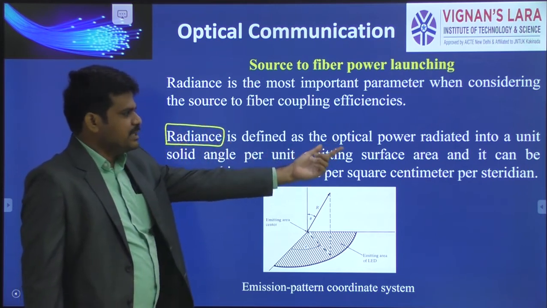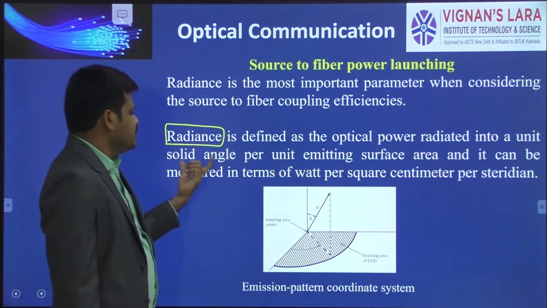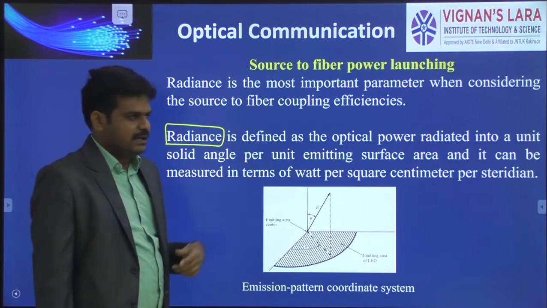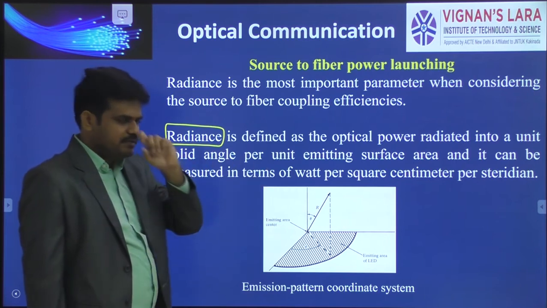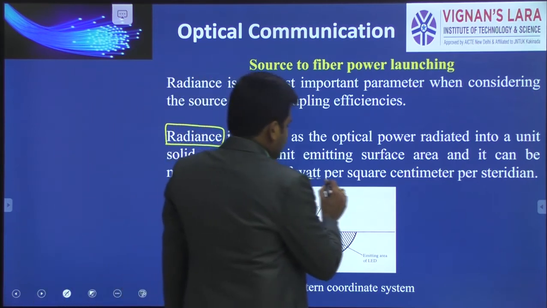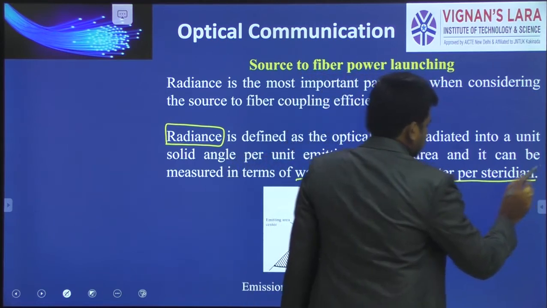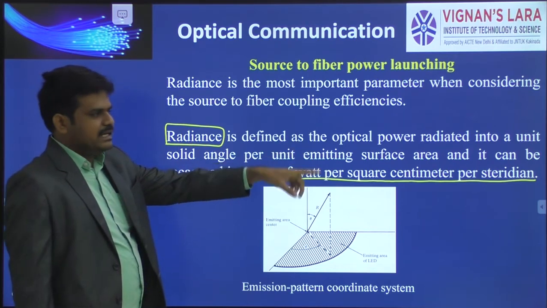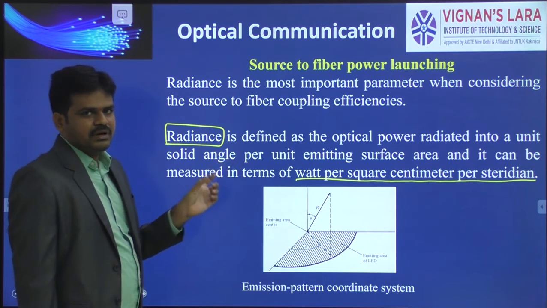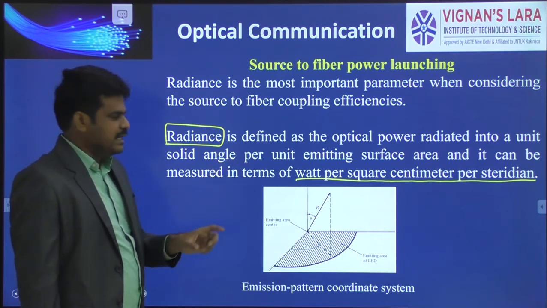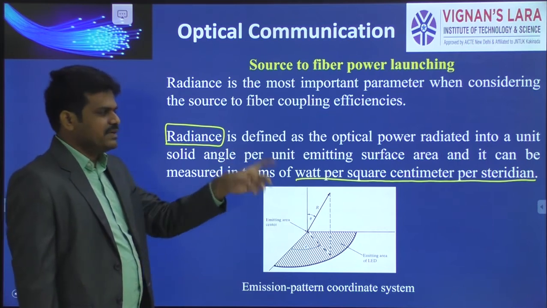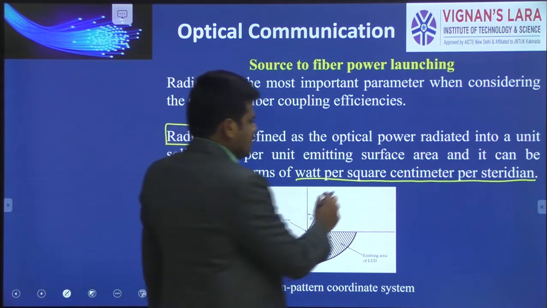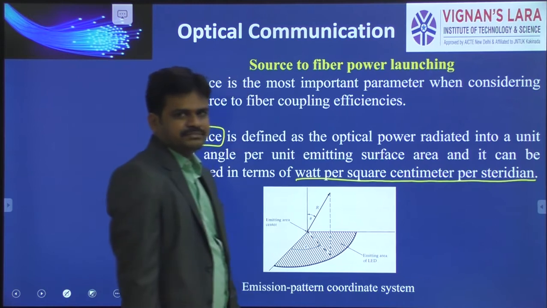Radiance is defined as the optical power radiated into a unit solid angle per unit emitting surface area, and it is measured in watt per square centimeter per steradian.